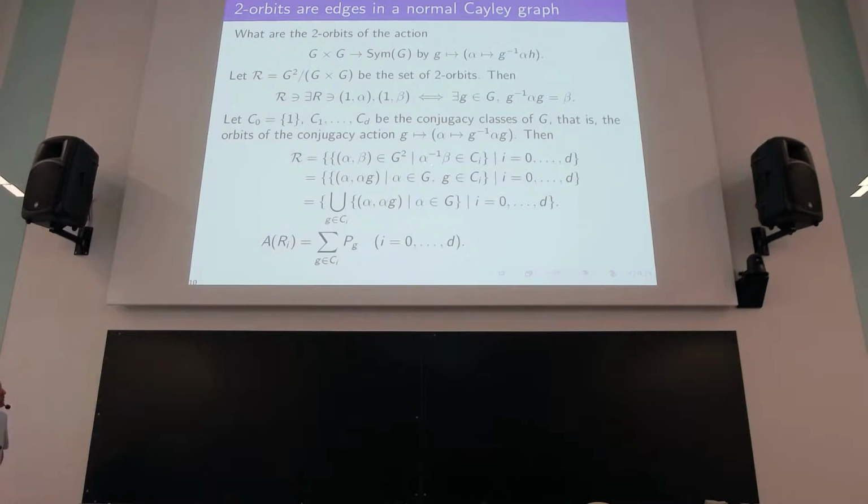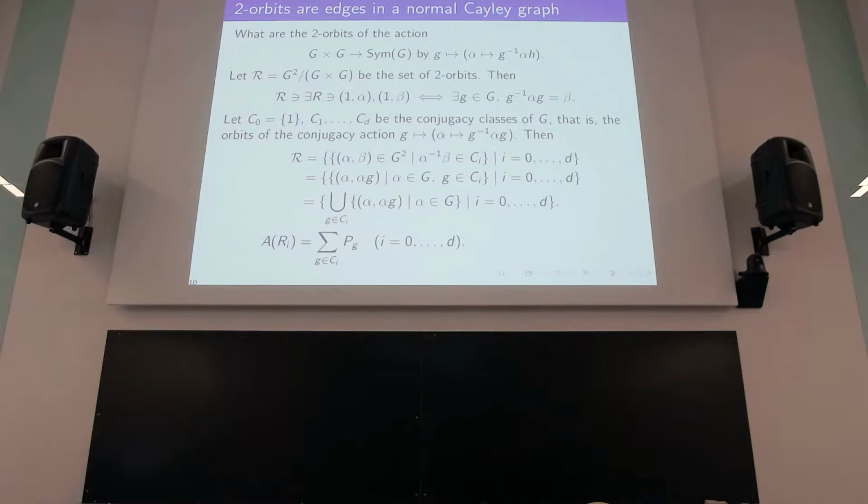Then these two are in the same orbit if and only if alpha inverse beta is in a fixed conjugacy class. So you can translate this relation in terms of conjugacy classes.